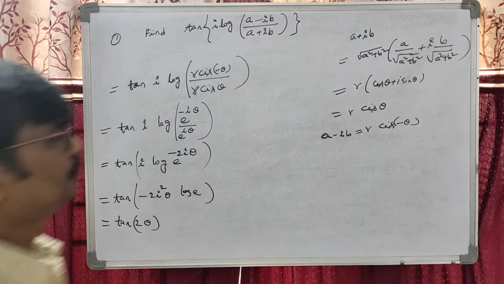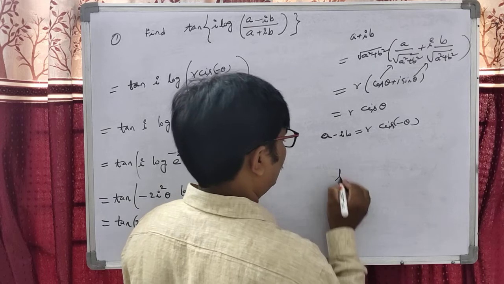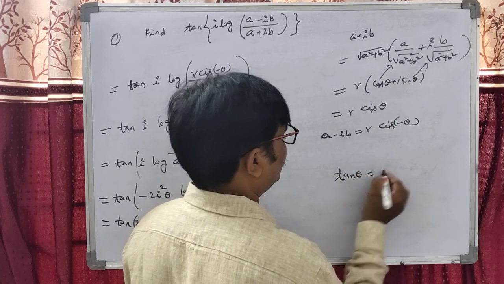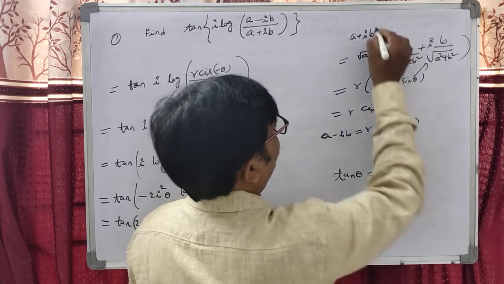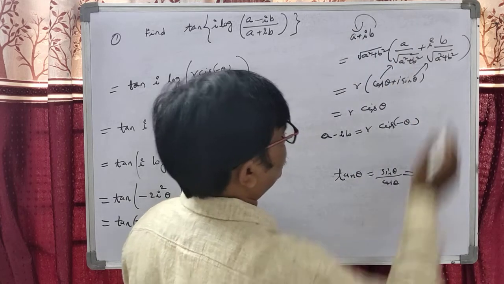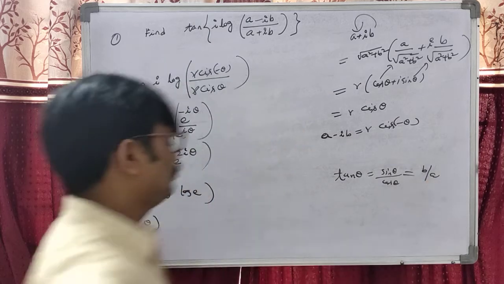So students, we take cos θ this one, sin θ this one. What about tan θ? Sin θ by cos θ, for a + ib, that is b by a.